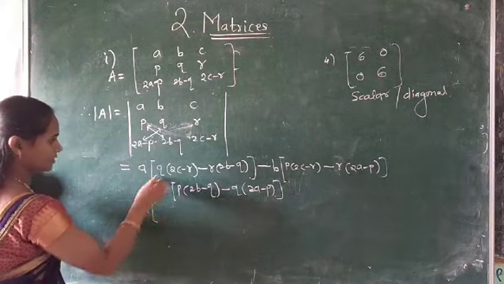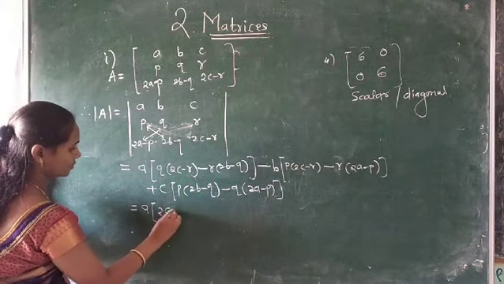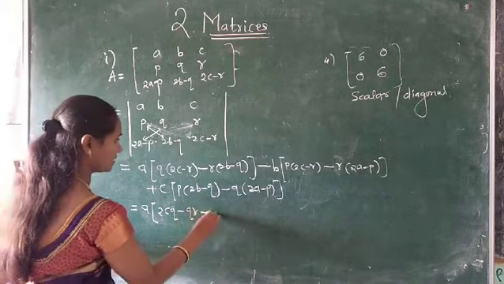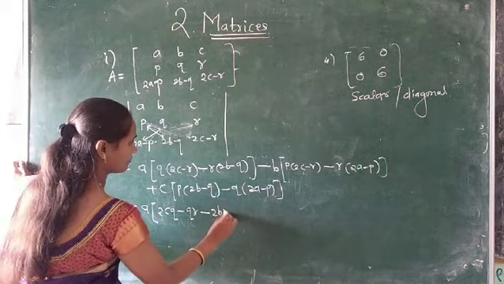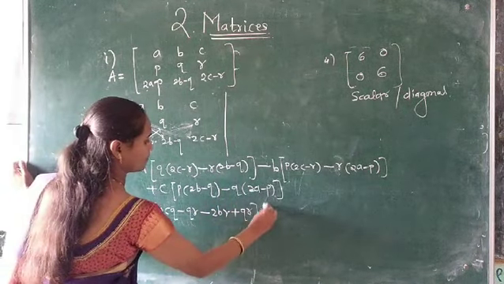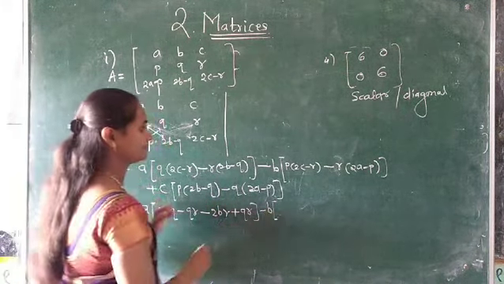A into, first multiply by Q, so 2CQ minus QR. Now minus 2BR minus plus QR. Minus, write B as it is.